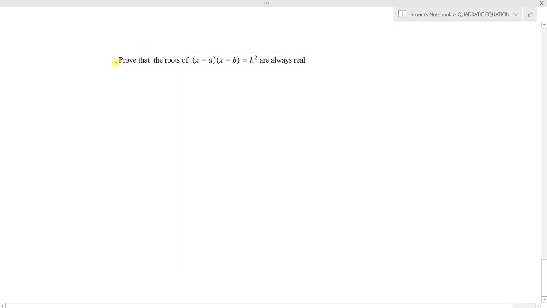So the next question is, what is being asked? Prove that the roots of x minus a into x minus b equals h square are always real.